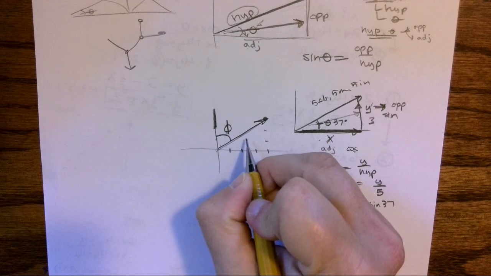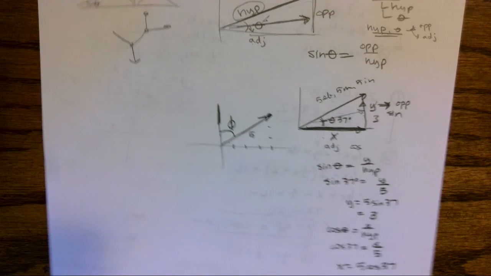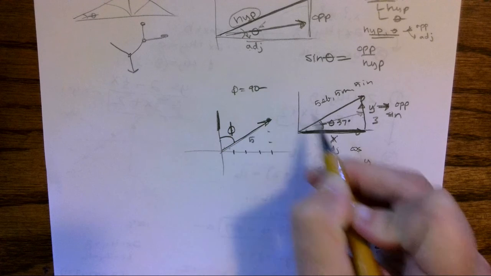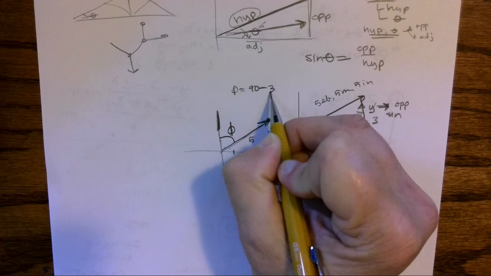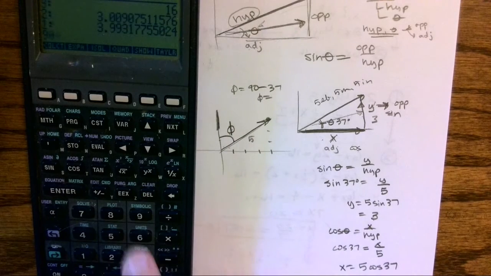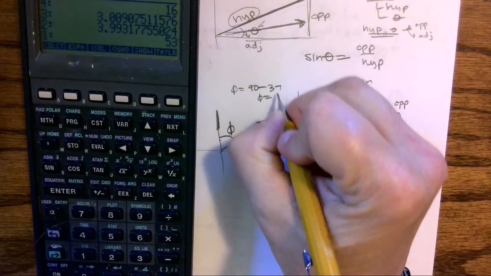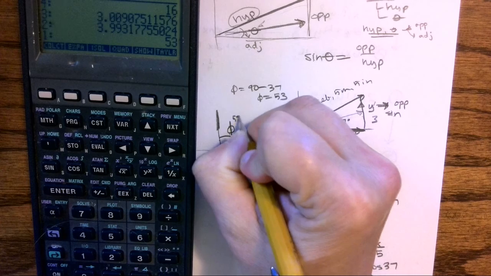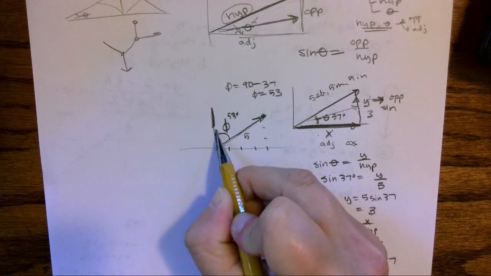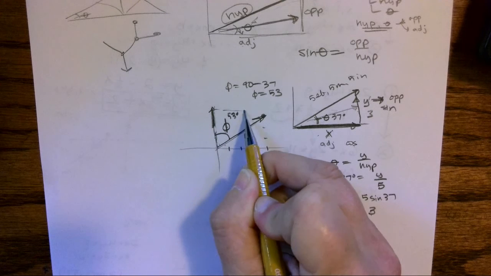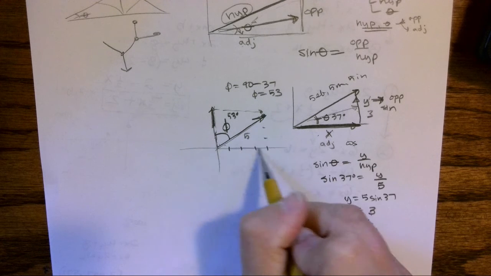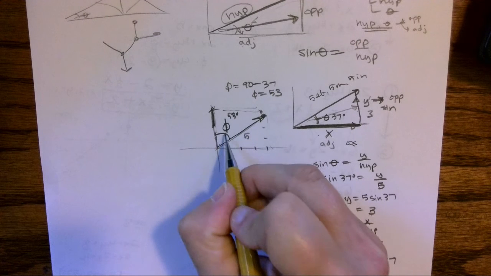So if this is 5, then I can say that phi equals 90 minus 37, so phi equals 53 degrees. I'll be walking the same: I'll be walking up and I'll be walking over. It gets to the same point, but instead of over and up, I'm walking up and over. That's why I'm using this phi.